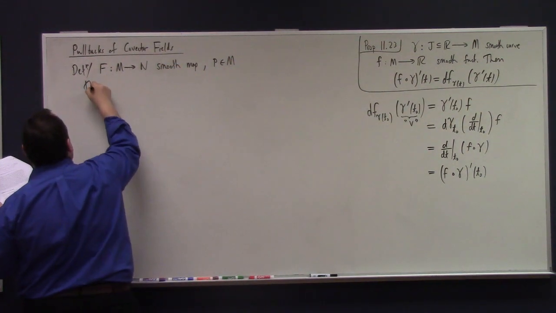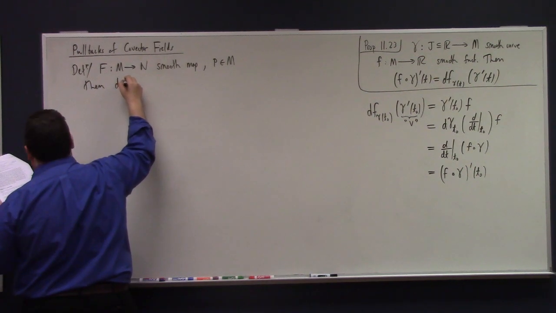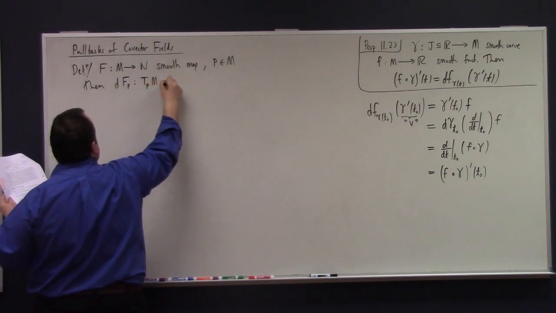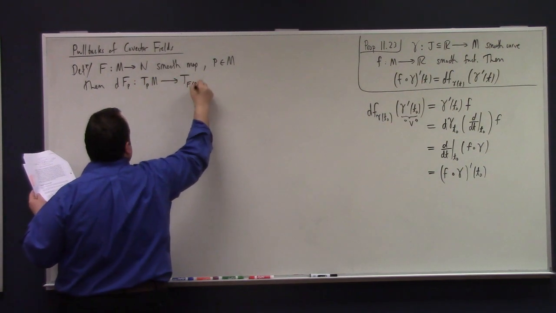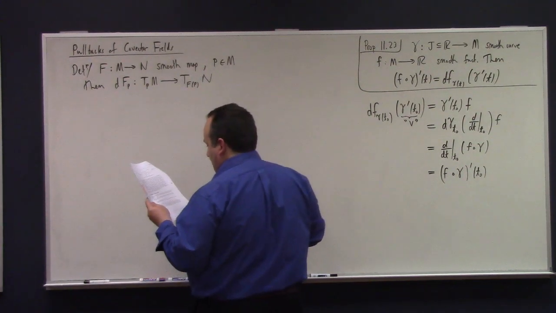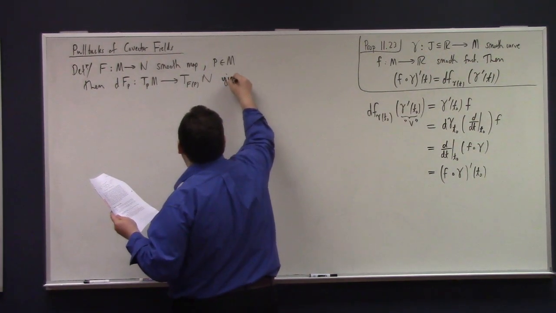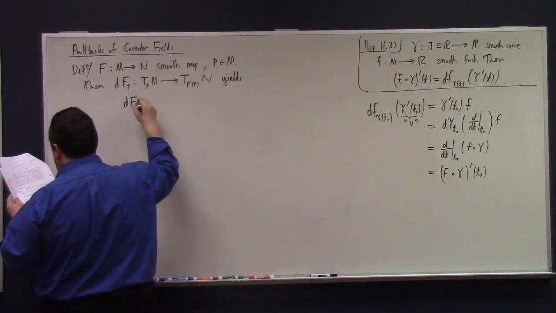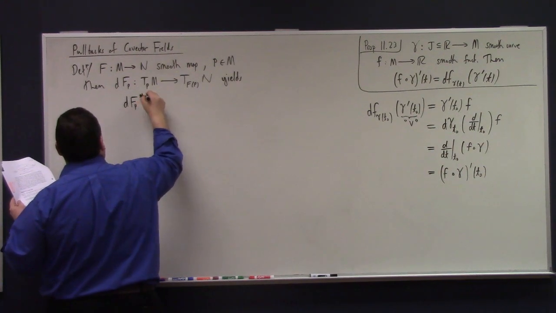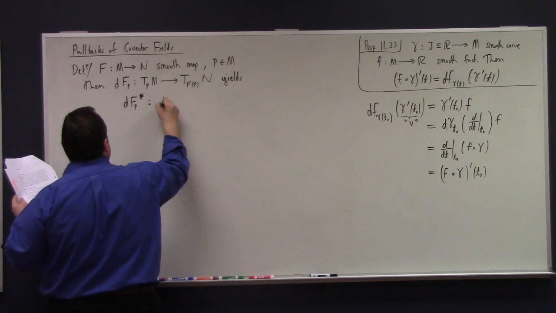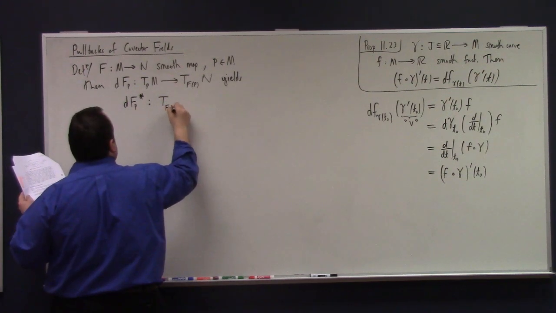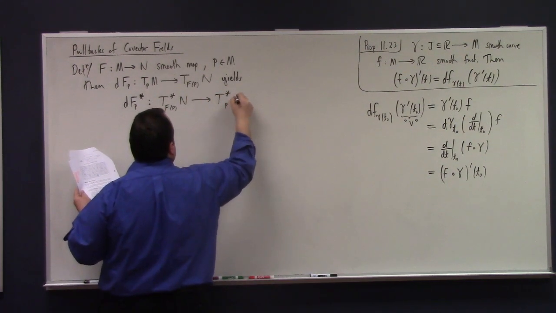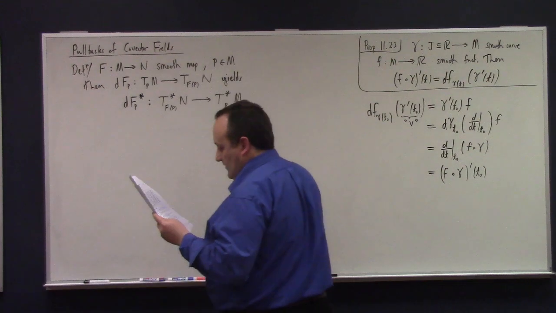Then, as we know, the differential of f at p does what? It is a mapping from T_pM to T_f(p)N, right? And this yields, here's finally the thing we're defining, df_p dual, the pullback if you like, a mapping from the dual space to N at f(p) to the dual space at p of M. Notice it goes the other way.